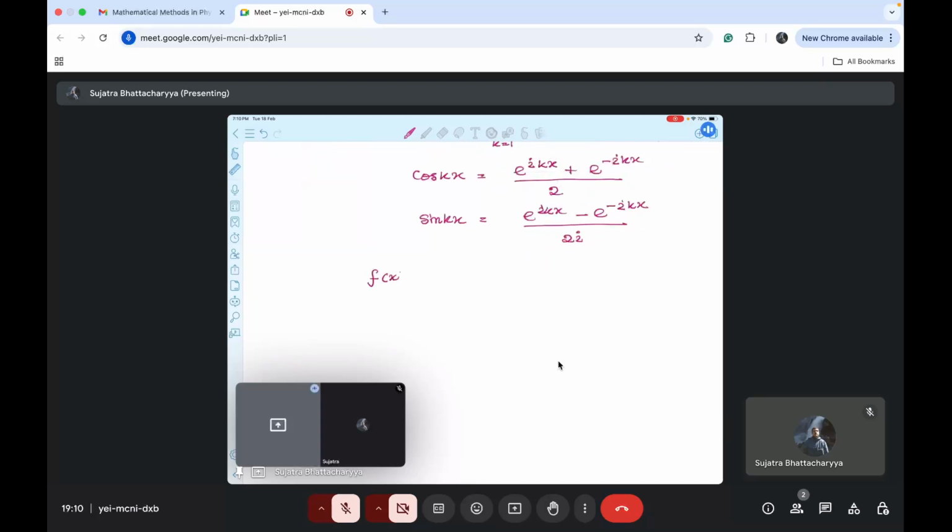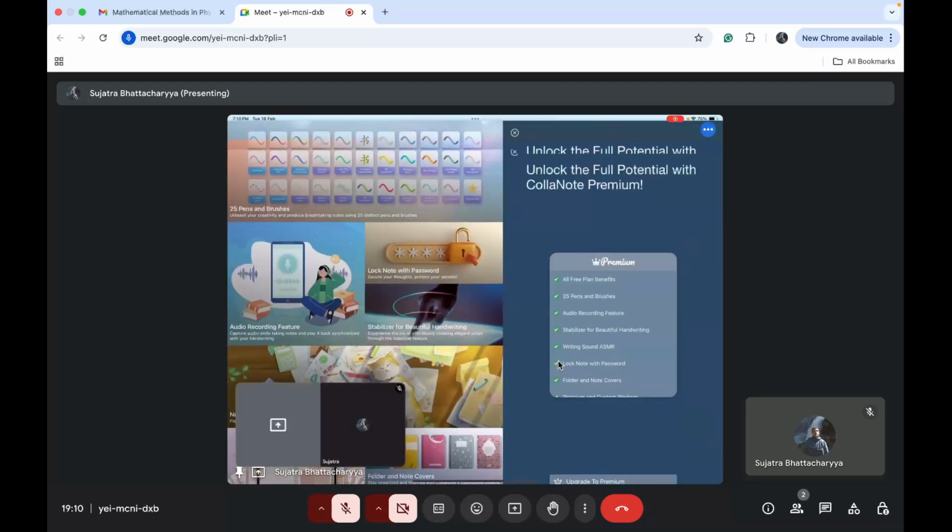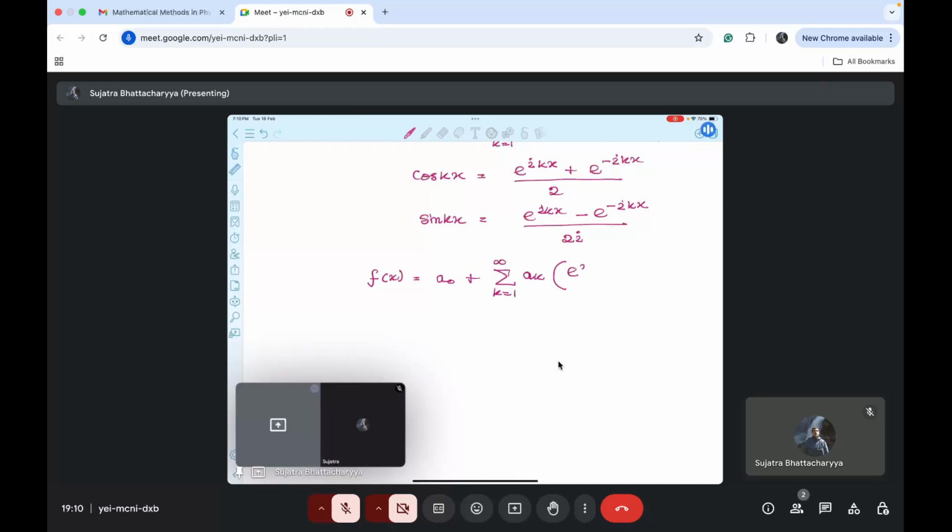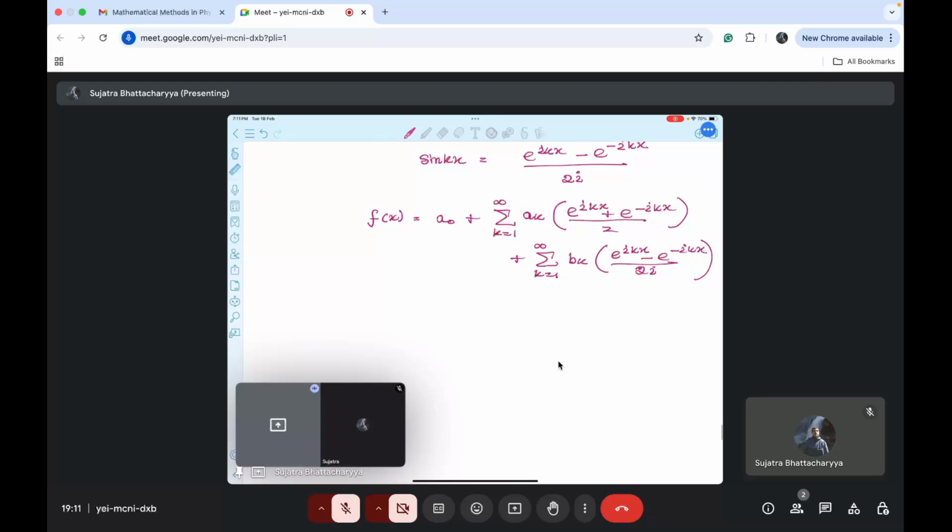So f(x) will be equal to a naught plus summation k is equal to 1 to infinity ak times e to the power iota kx plus e to the power minus iota kx divided by 2, plus summation k is equal to 1 to infinity again bk times e to the power iota kx minus e to the power minus iota kx divided by 2i. This is the expression which we are getting.